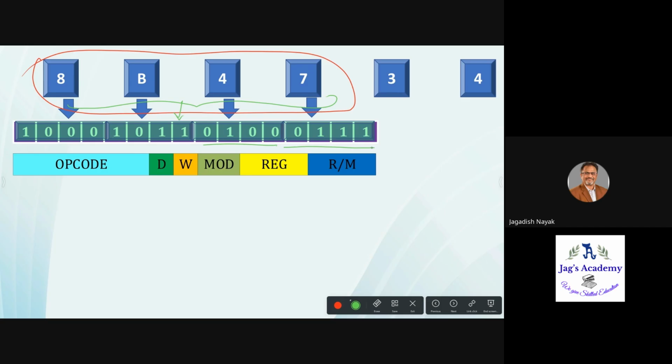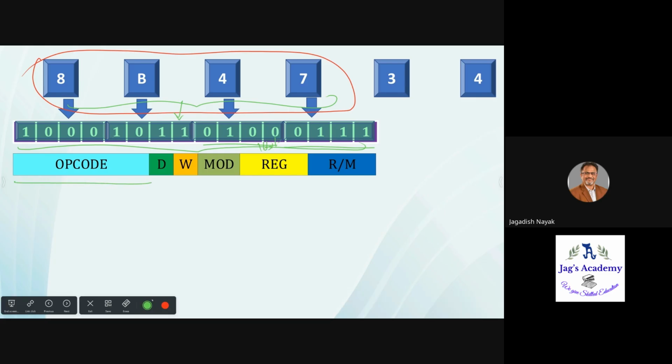This is your 16-bit instruction, which you did now the other way. The first 6 bits are the opcode. The opcode here is 100010. Now tell me, what is the opcode? It is going to be MOV.